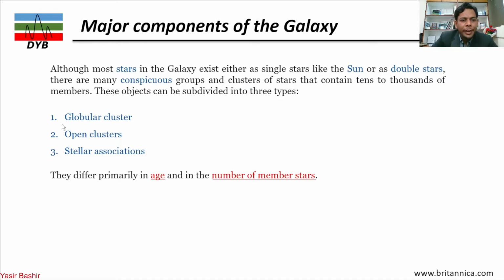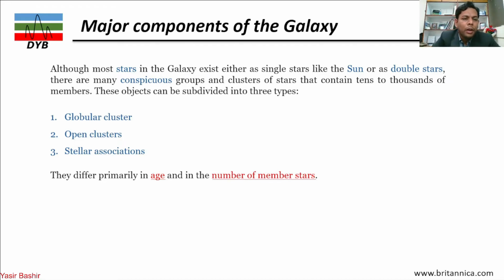Why have we divided them into three types? To understand more about the galaxy. We are not talking about the types of galaxy, but the components inside the galaxy based on the number of stars and the cluster.